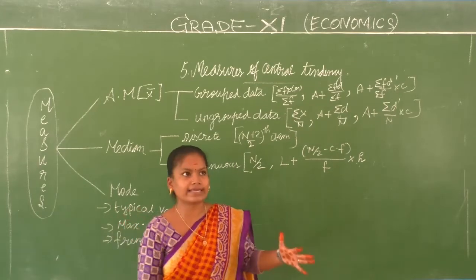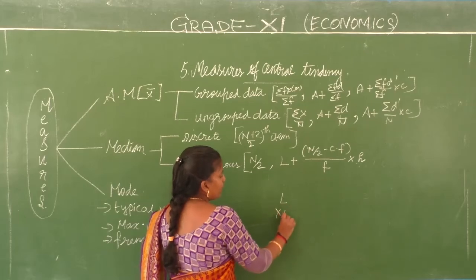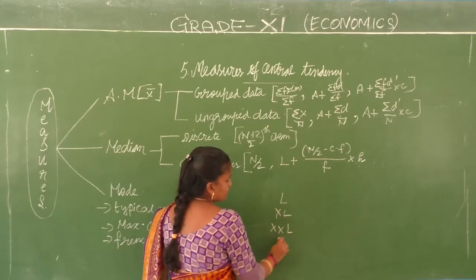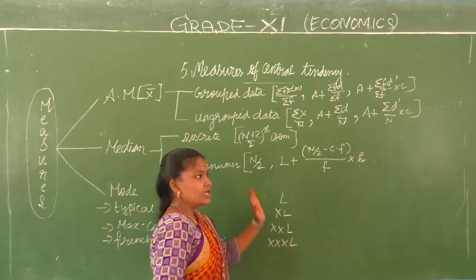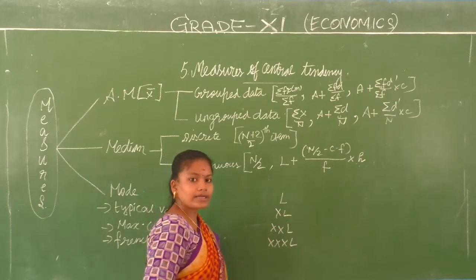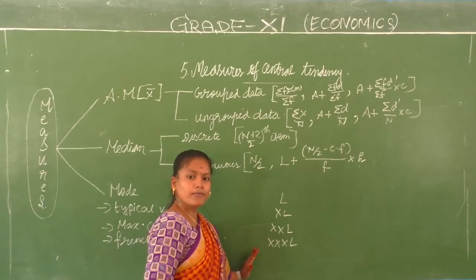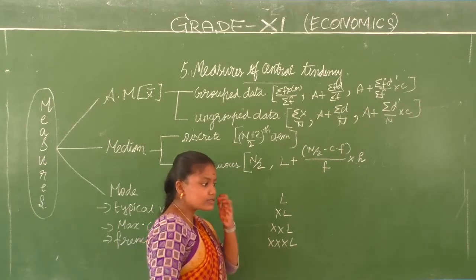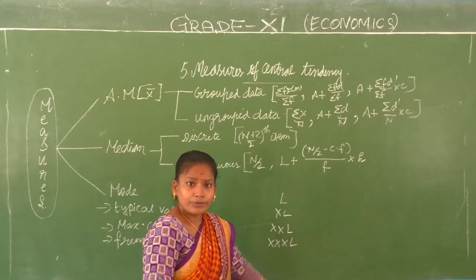For example, you have a product where L, XL, double XL and triple XL are there. They will find which size is sold the most, which size is demanded the most. That size will be produced more.